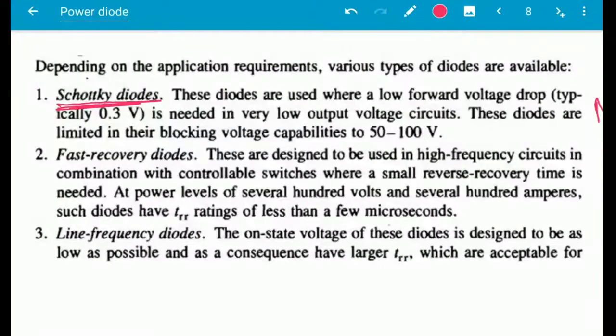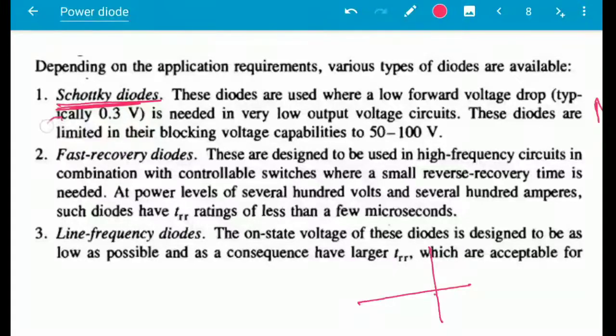These have no reverse recovery time, so these are very fast, and these have very low cut-in voltage, lower than 0.7, higher reverse leakage current, and higher operating frequency, but low rating.